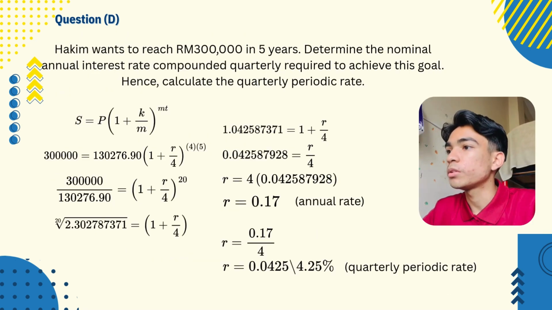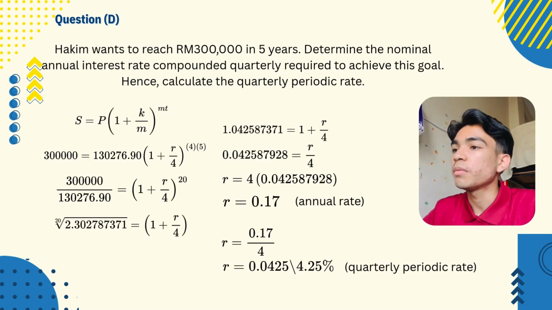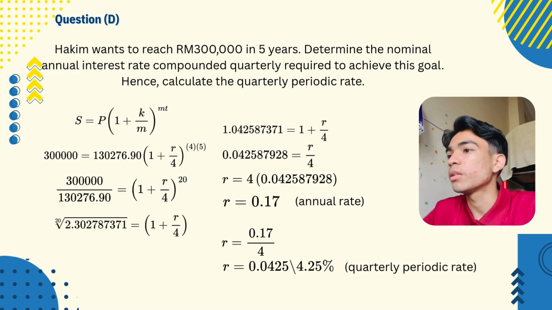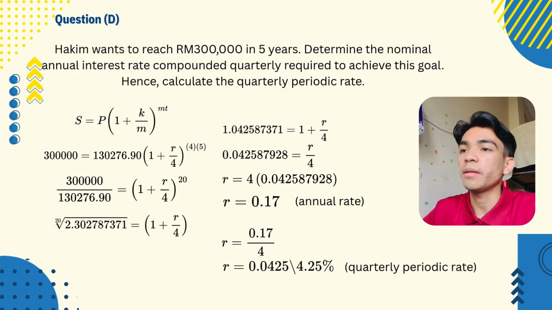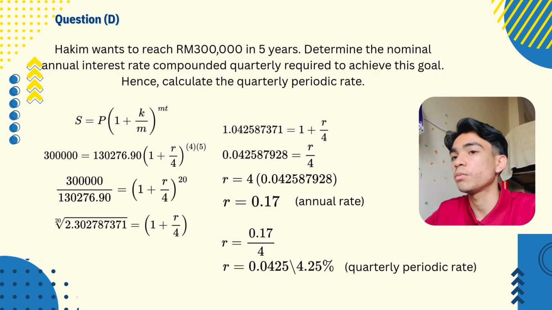Question D. Hakim wants to reach 300,000 in 5 years. Determine the nominal annual interest rate compounded quarterly required to achieve this goal. Hence, calculate the quarterly periodic rate. Okay, for this question, we need to find the quarterly periodic rate. We also use the same formula and then we just put the values in the formula, which is 300,000 equals 130,276.90(1 + r/4)^(4 × 5), and then we got the annual interest, which is r equals 0.17.